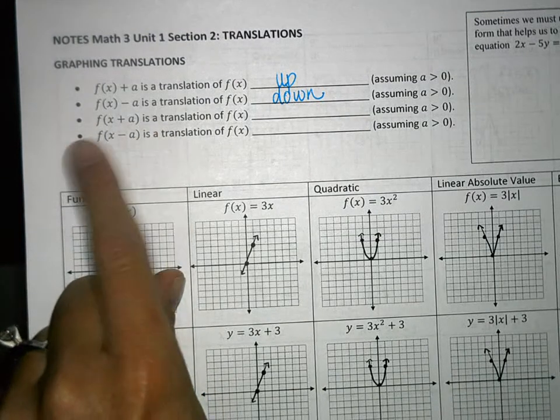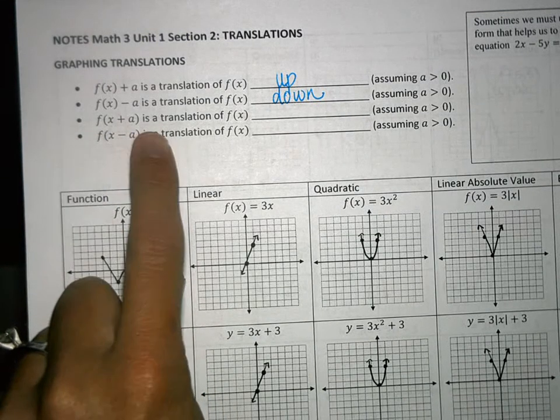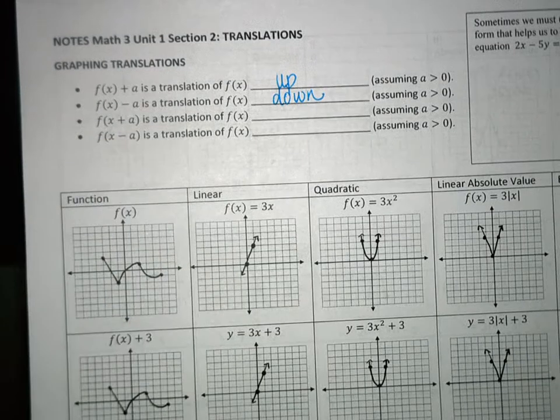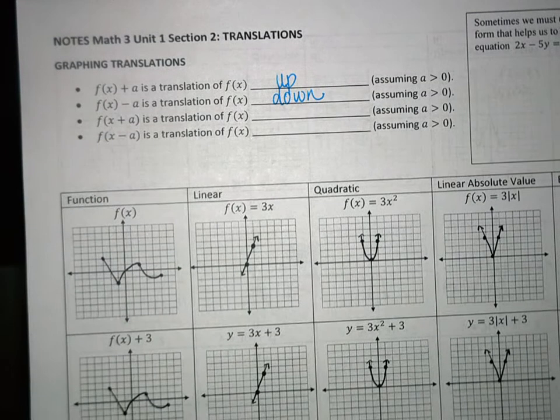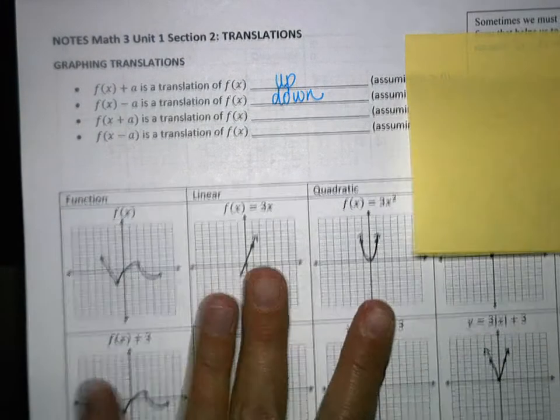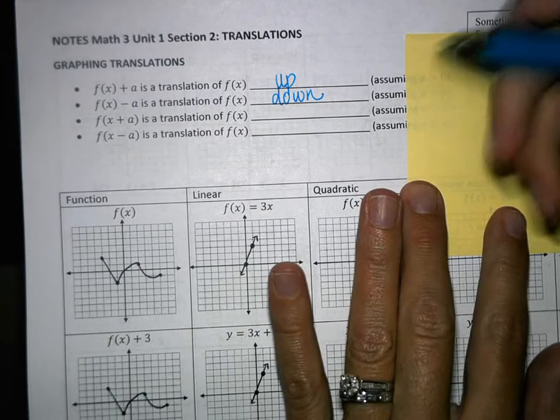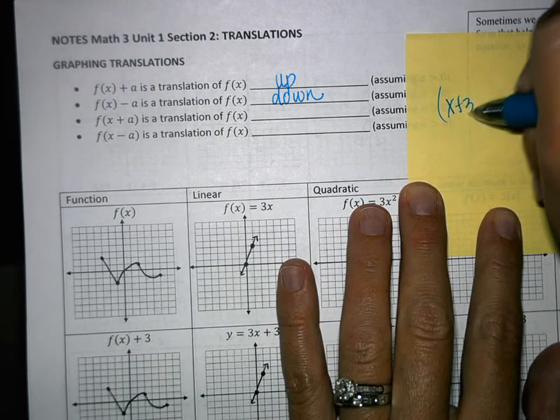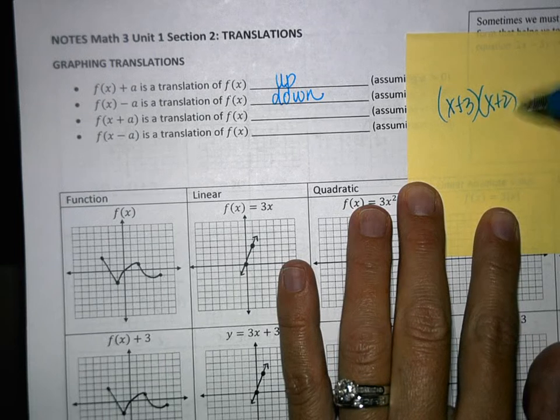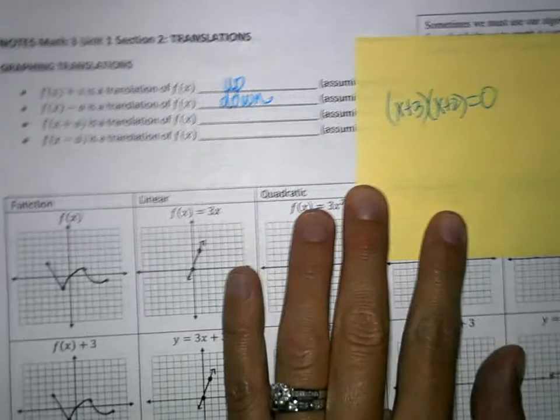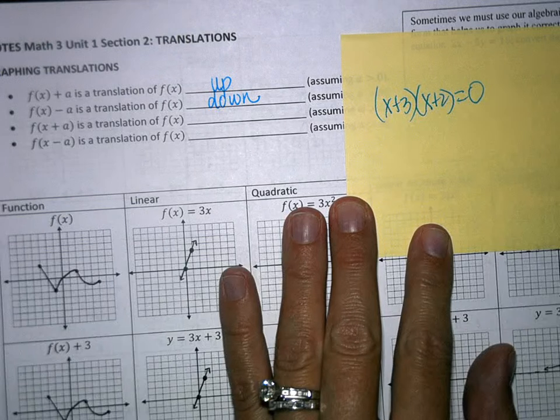Okay, this is where you just have to remember something here. And that is when you have something in parentheses, do you remember when you would solve equations back in Math 1 and Math 2? And do you guys remember factoring? Like if you had something like x plus 3 and x plus 2 in parentheses equal to 0, then you would set each of those parentheses equal to 0.